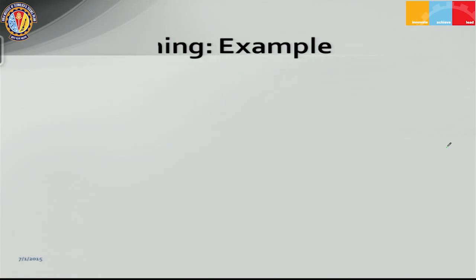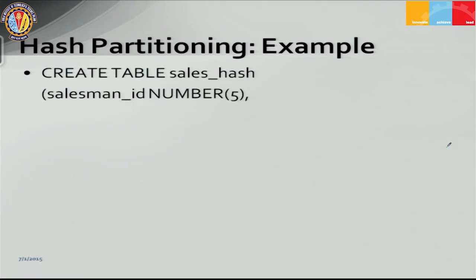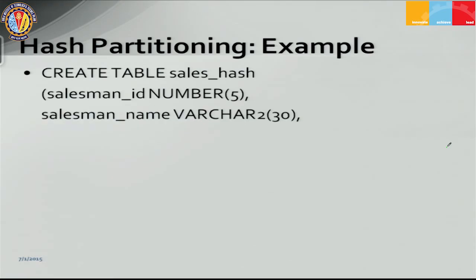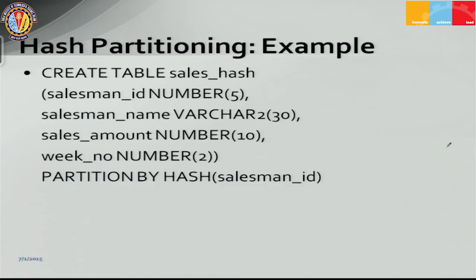Let me give you an example. Create table sales_hash, which means the sales table is partitioned using hash partitioning. This is the schema: sales ID, salesman ID, salesman name, sale amount, and week number, partitioned by hash on the salesman ID.